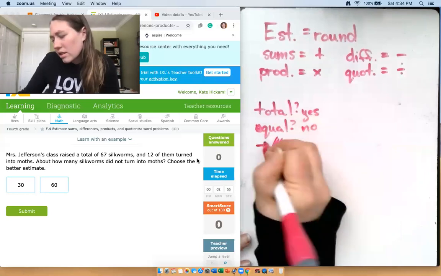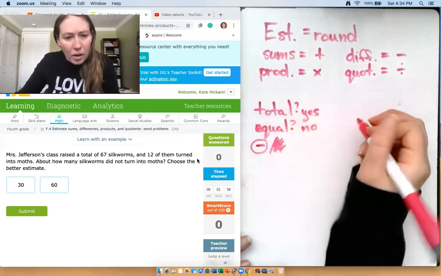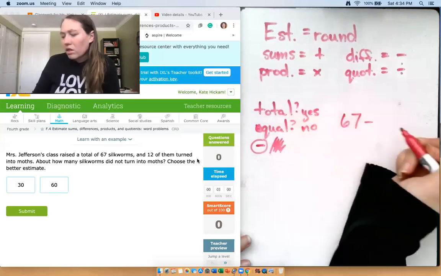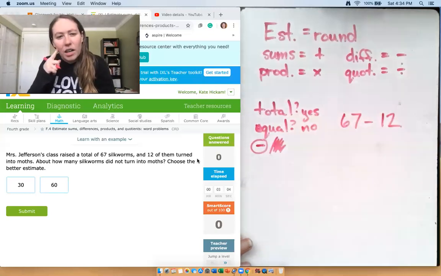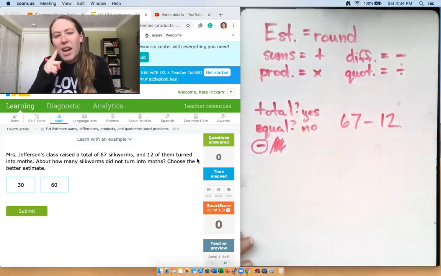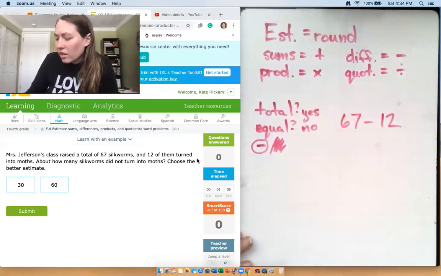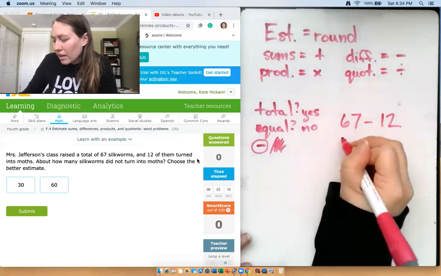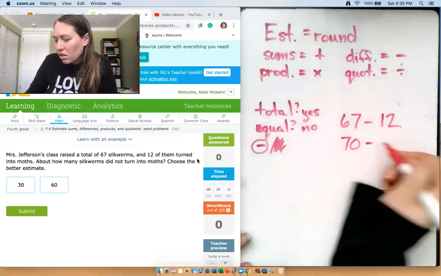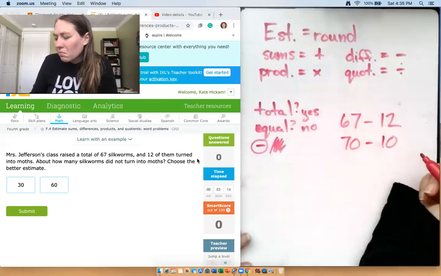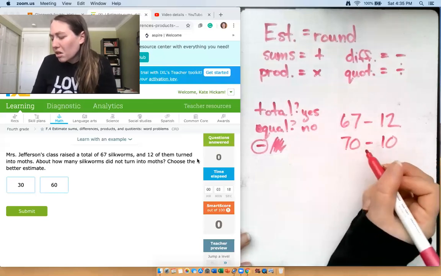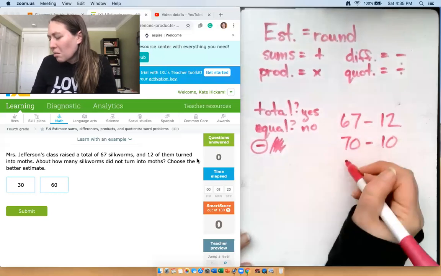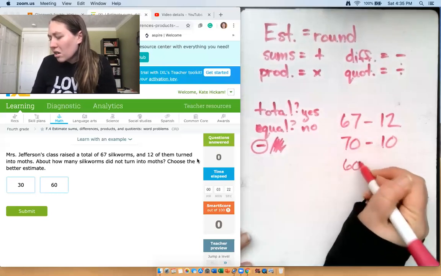So 67 take away 12. Well, if I'm rounding, I'm going to think, okay, what do I think is going to be the best for this? I could either say 70 minus 10, or I could just kind of look at this and go, okay, 60 minus 10.